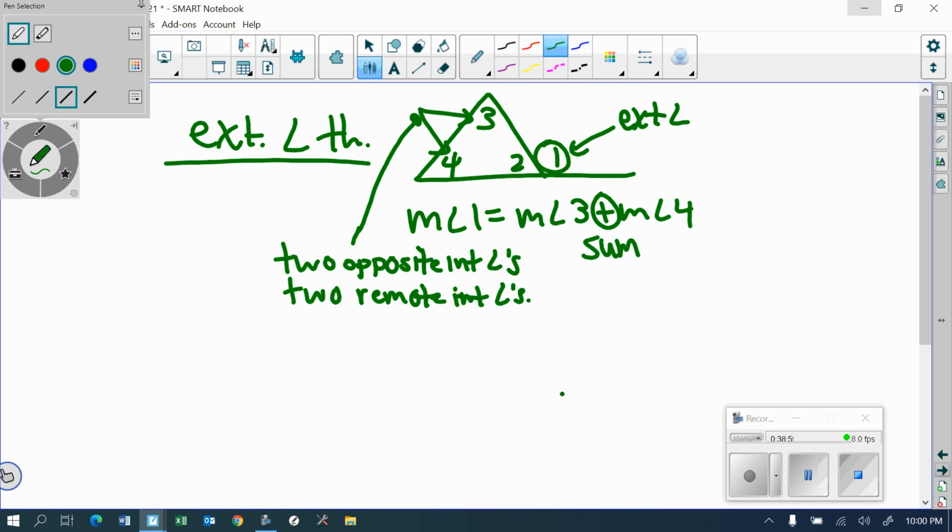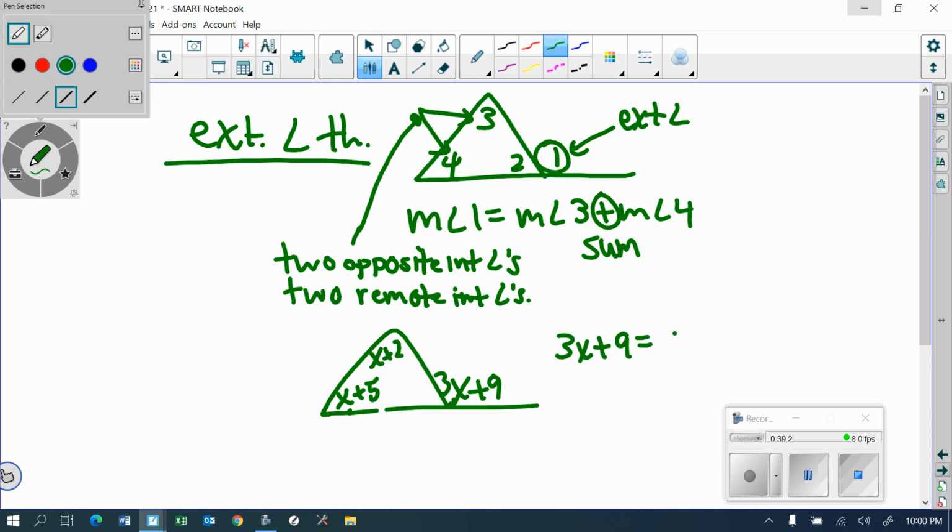So very simply, if I had something like this and they said 3x plus 9, and this was x plus 2, and this was x plus 5, my equation would be 3x plus 9 equals x plus 2 for the one angle, plus x plus 5 for the other angle.